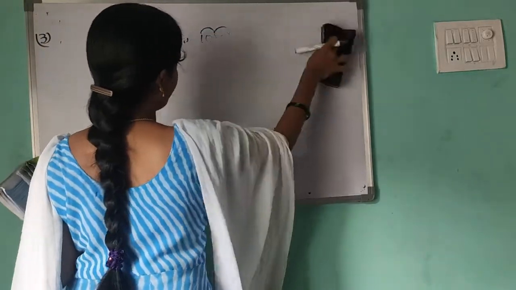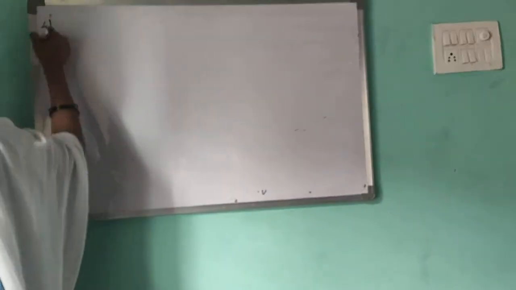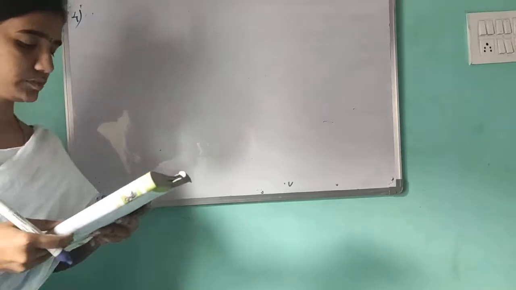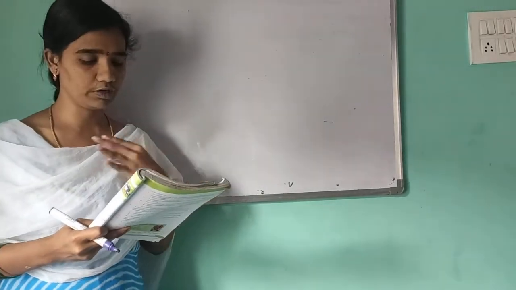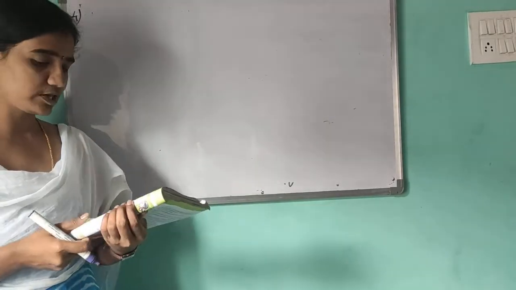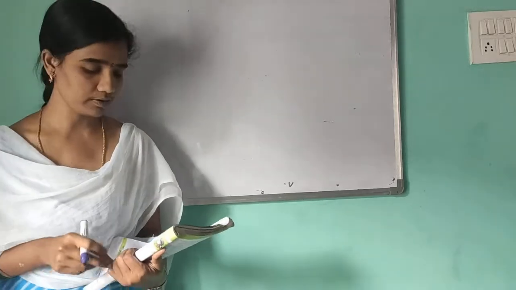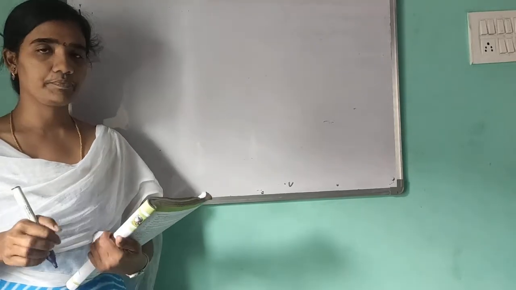Let's see the fourth one. Verify whether the following numbers are divisible by 4 and by 8.